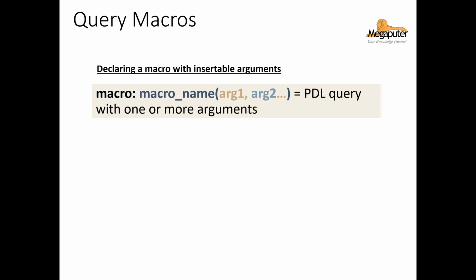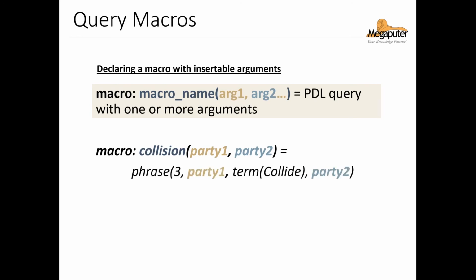So if you wanted to use something like this, you define it just like you would a normal macro. You would call it macro, macro name, and then inside the parentheses, you give the arguments you want to define as your placeholders. So for example, macro collision, I define party 1 and party 2 as my arguments, and then my PDL query will be phrase 3, party 1, term, collide, party 2.